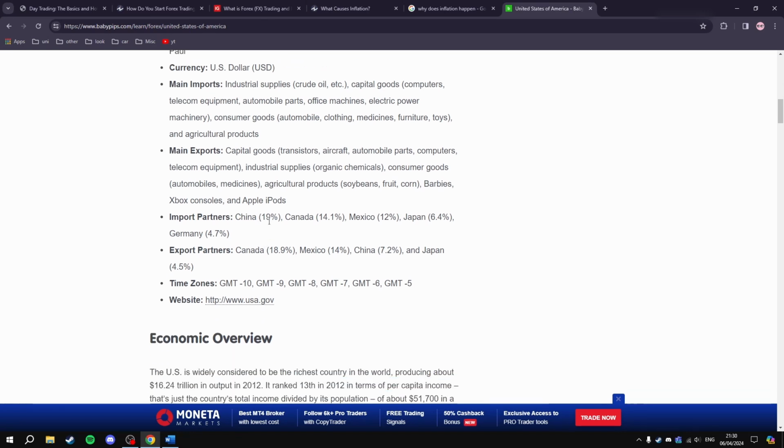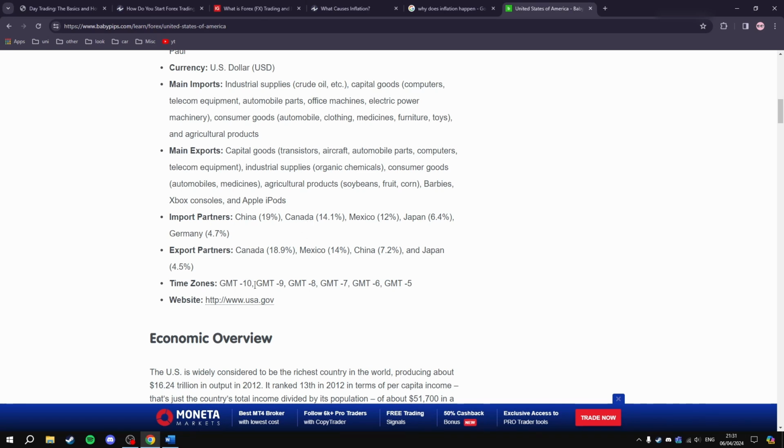Import partners: China 19%, Canada 14.1%, Mexico 12%, Japan 6.4%, Germany 4.7%. Export partners: Canada 18.9%, Mexico 14%, China 7.2%, and Japan 4.5%.